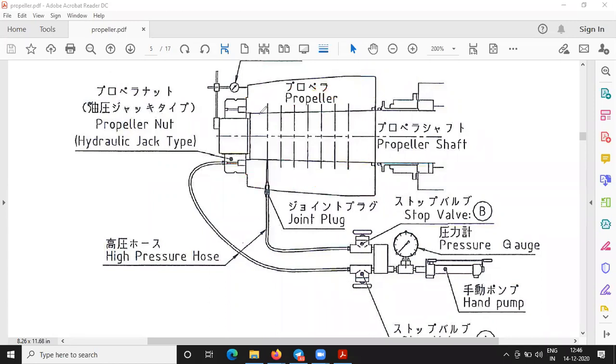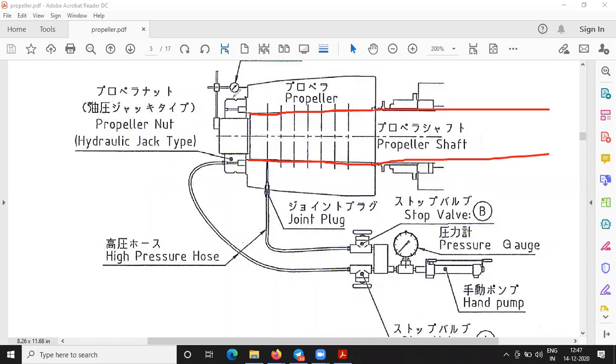Now see, whatever this tapered portion is, this tapered portion is of the shaft, the propeller shaft, which is of a ferrous material. Okay, now what is this? I'll change the color.